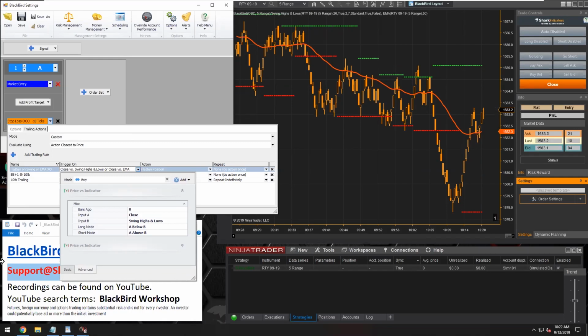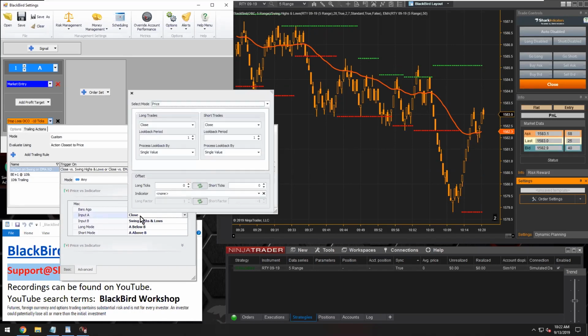David's saying crosses and closes under. Correct, so closes under, which is why we're using the close price of the bar, to make sure it closes under the swing line or the EMA50.